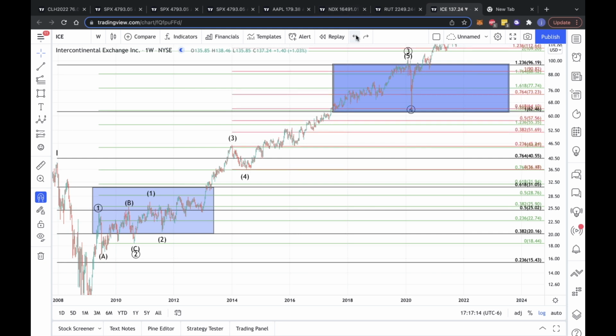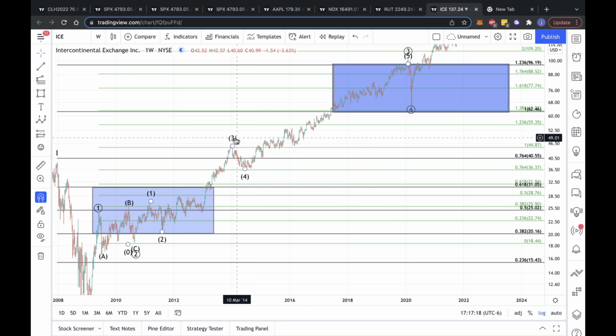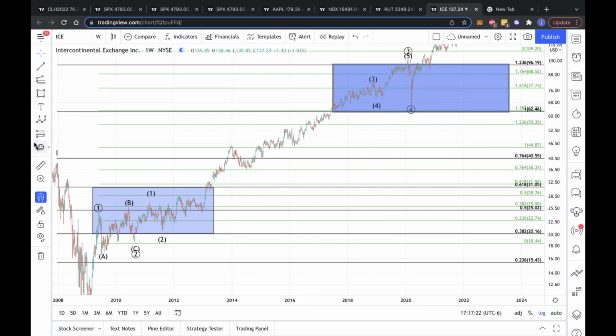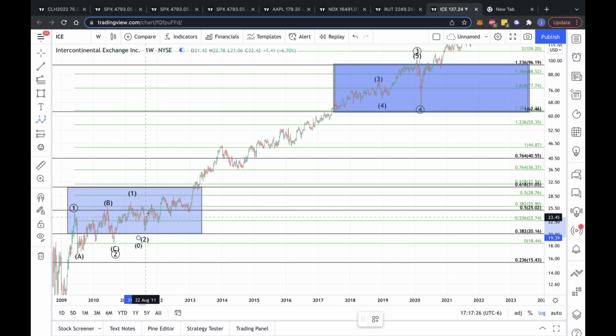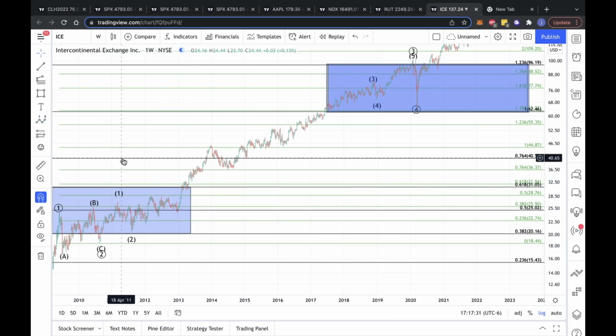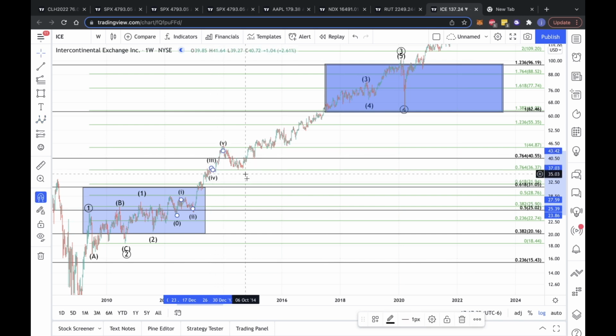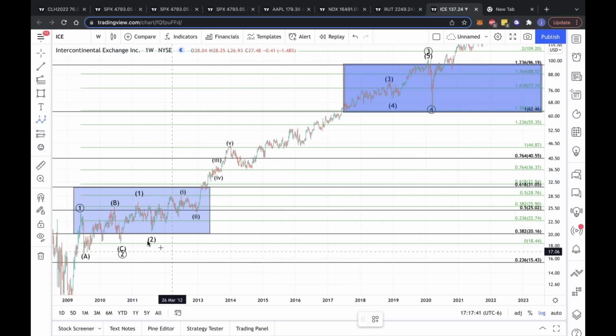And so in that case, again, I would come back here and count it as shown before, where we have 5 up. Here, I'll count this from the inside out. So we have, I think this is right, 1, 2.